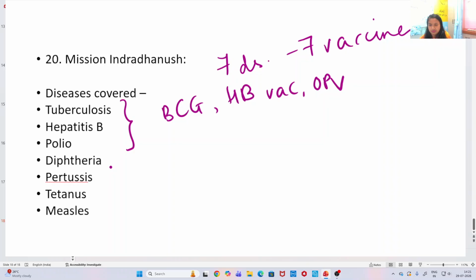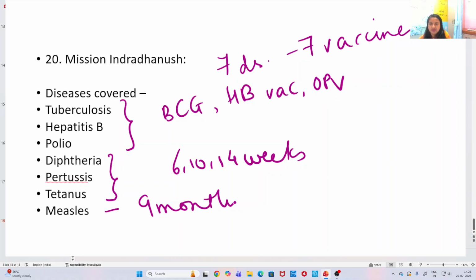DPT is given as the next vaccine, at 6, 10 and 14 weeks, and measles is given at 9 months. So for Mission Indradhanush, remember at day 0 BCG, Hep B and OPV, at 6, 10, 14 weeks DPT is given, and measles is given at 9 months.